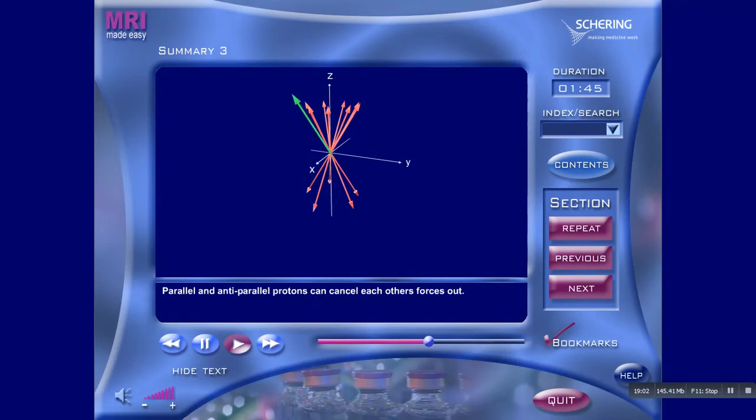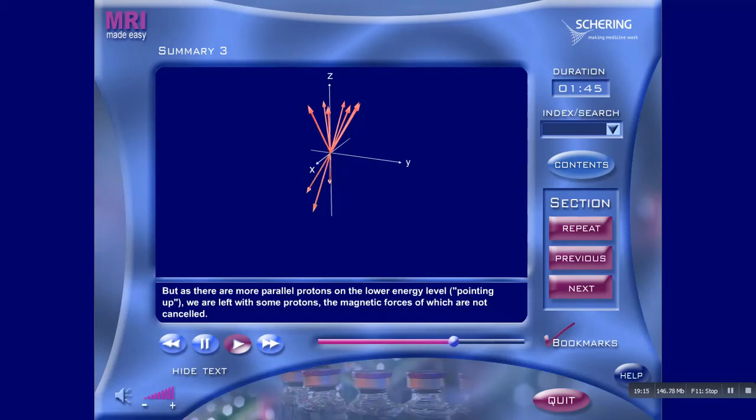Parallel and anti-parallel protons can cancel each other's forces out. But as there are more parallel protons on the lower energy level, pointing up, we are left with some protons, the magnetic forces of which are not cancelled.